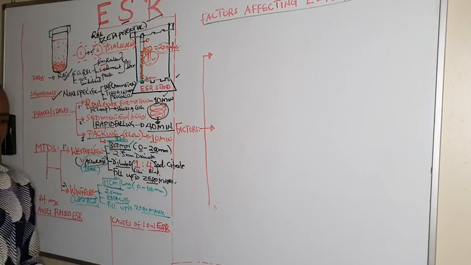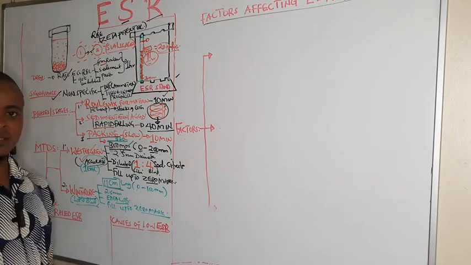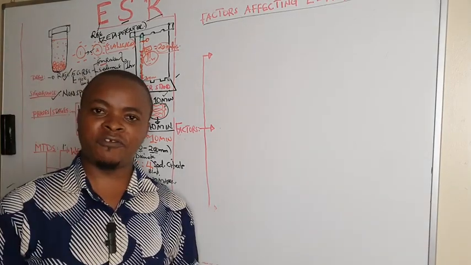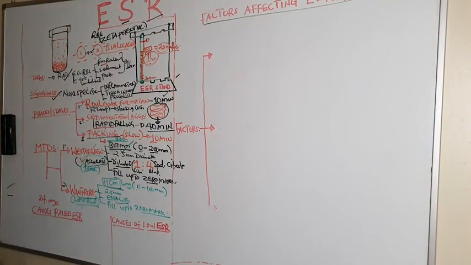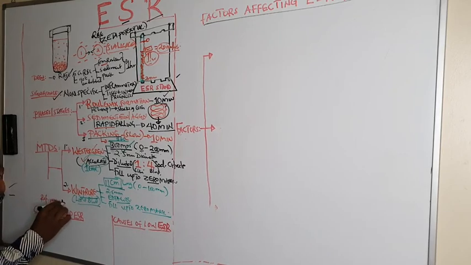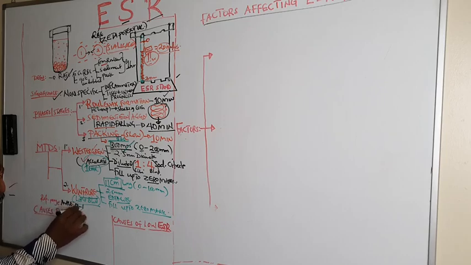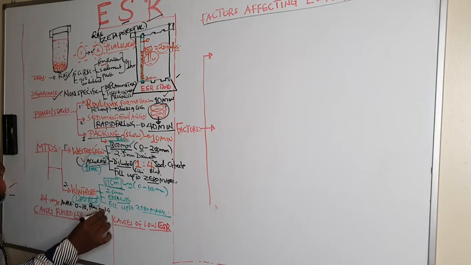After that, because we have seen the methods, you can ask yourself, what are the reference ranges? Reference ranges of ESR differ by sex and age. The reference range of ESR for male can range from 0 to 10 millimeters per hour, whereas for female it is from 0 to 15 millimeters per hour.